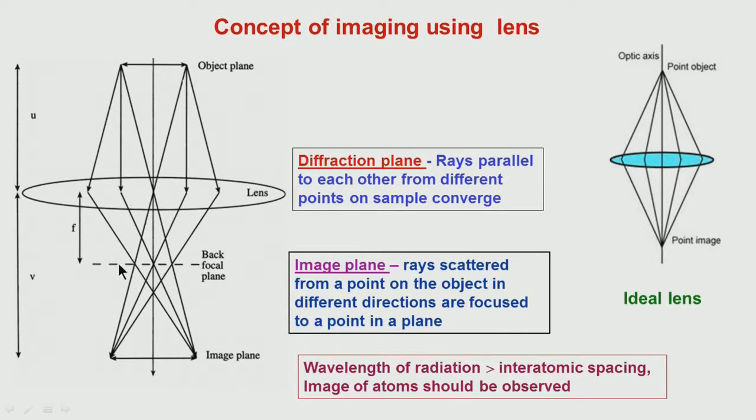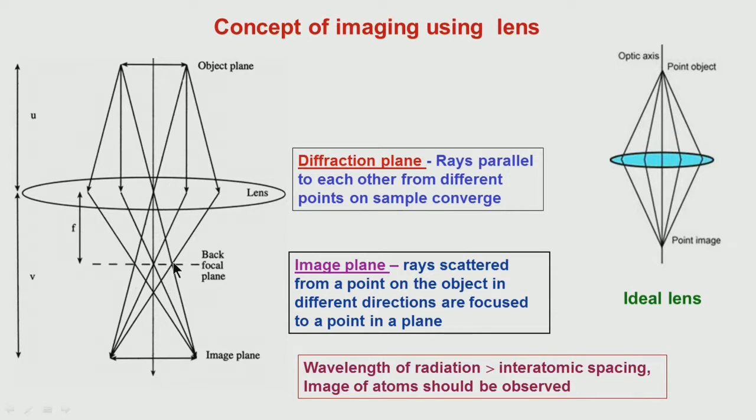There are two planes which we can define for a lens. One is called the backfocal plane, and the other we define as the image plane. What is the diffraction plane? The rays which are scattered from different regions of the sample, but in the same direction. Here we have taken two extreme ends, the ray which is scattered in this direction and the ray which is scattered in this direction.